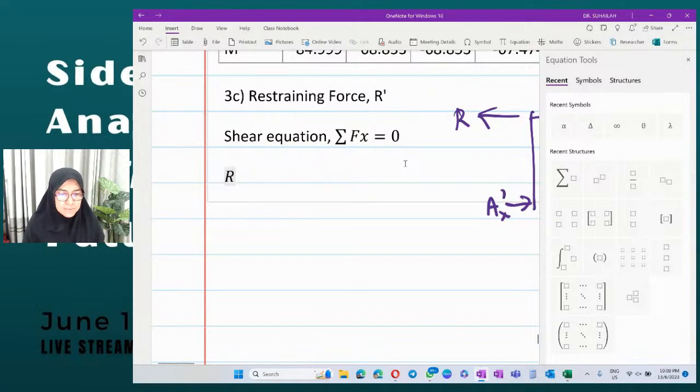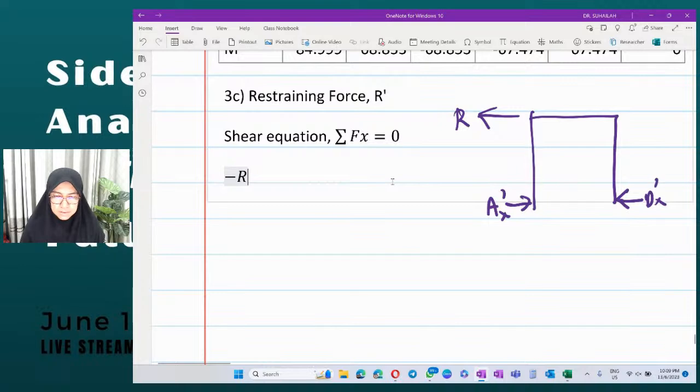So write the equation. It is negative R plus AX prime minus DX prime equal to 0.